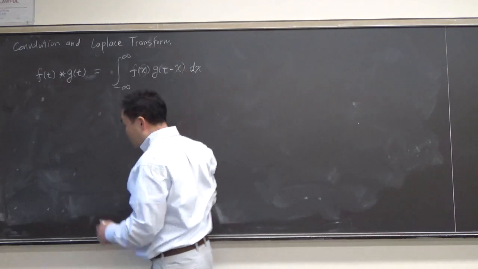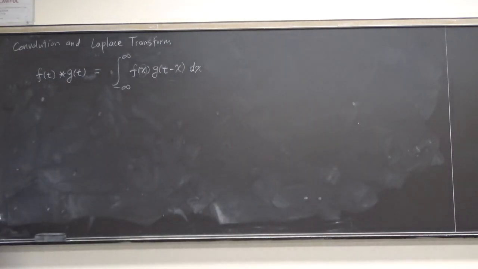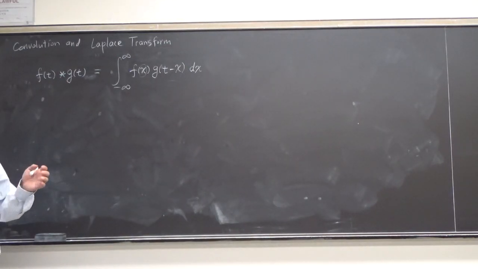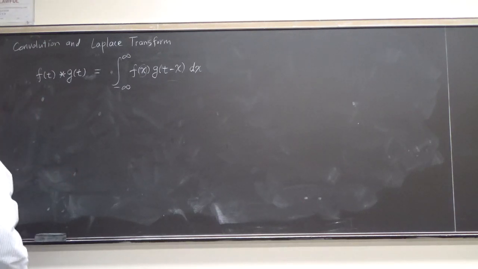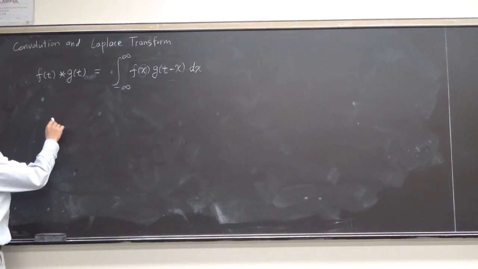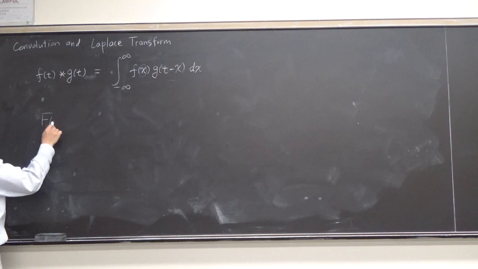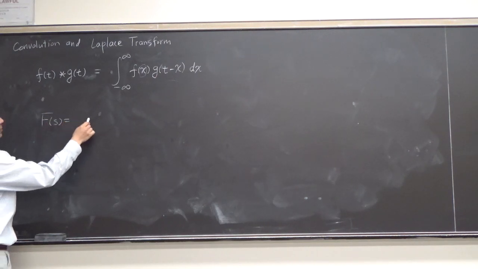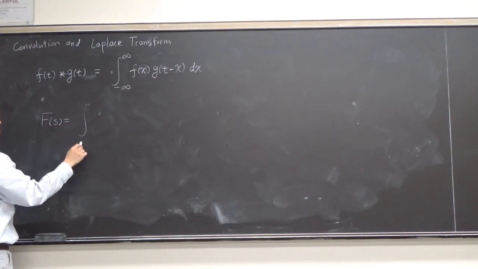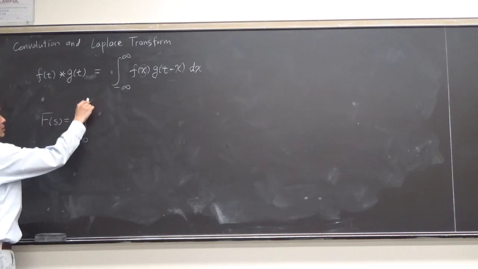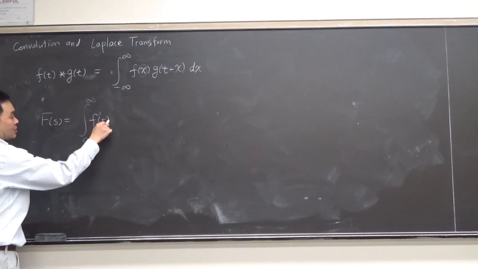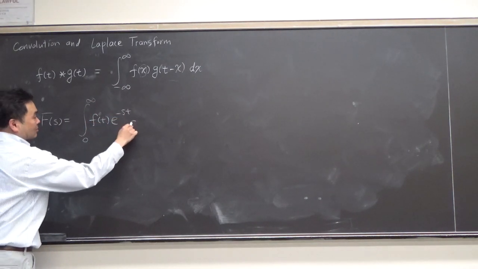Now, however, when the Laplace transform is considered, we have the Laplace transform F of s defined as the integral from 0 to infinity of f of t e to the negative st dt.